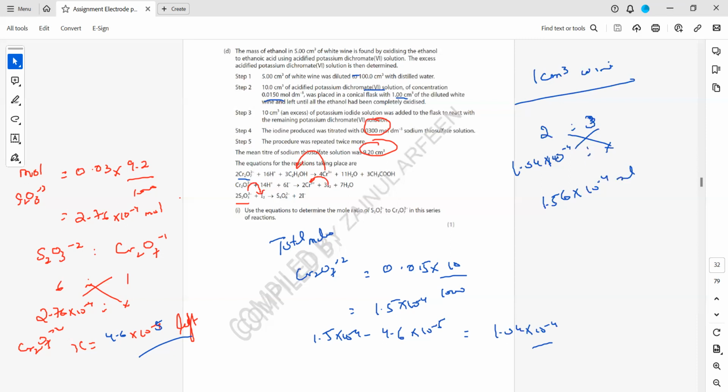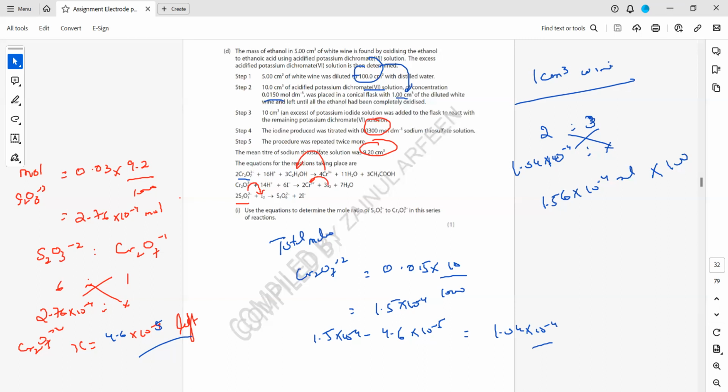And then the original: originally what was the total? 5 cm³ of wine was diluted to 100 cm³, and we took out 10 cm³ of it. So the number of moles in the 100 cm³ will be the same as in the 5 cm³.